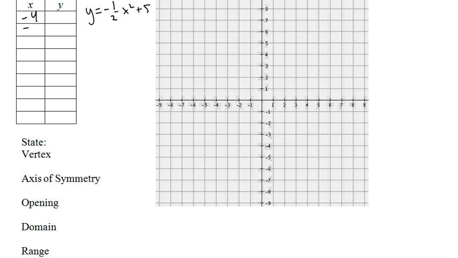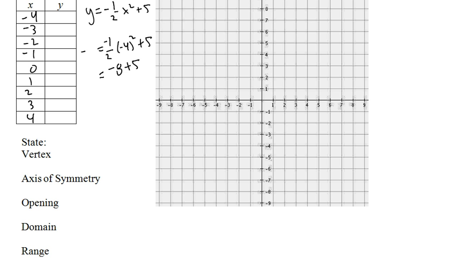And let's start at negative 4 this time because we have room. If I put negative 4 into this equation, BEDMAS says I go negative 4 squared first. So that'll give me 16. 16 times negative 1/2 will be negative 8 plus 5.